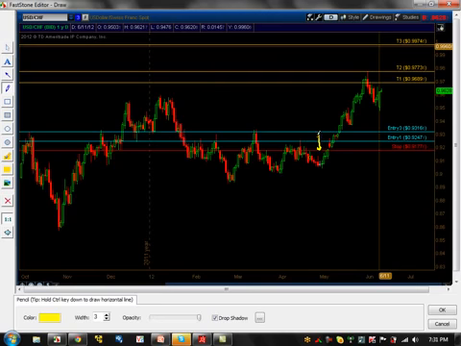Agreed? My reward is where? My first reward is going to be from here to T1. So, is this a good reward risk ratio? Absolutely. Even if it's choosing a higher entry, is it still good? Yeah.